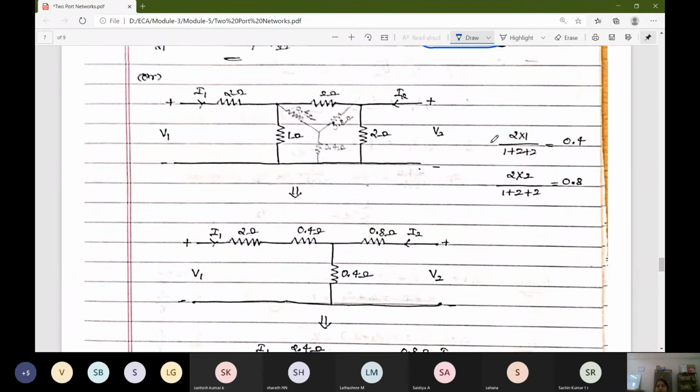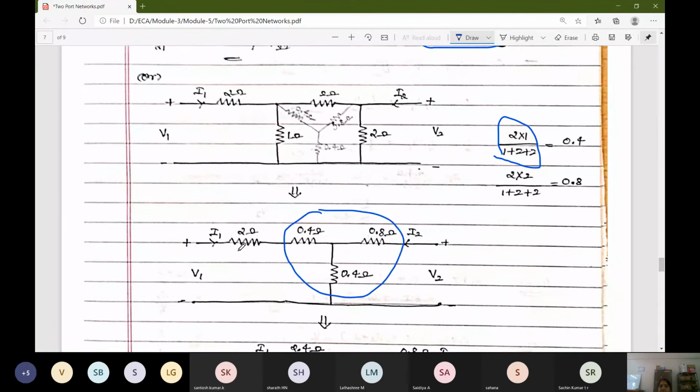It is 2 into 1 divided by 1 plus 2 plus 2 for this branch. For this branch it is 2 into 2 divided by 2 plus 1 plus 2. Similarly for this branch it is 1 into 2 divided by 1 plus 2 plus 2. That is the formula to convert delta to star. After conversion, the values are written here.